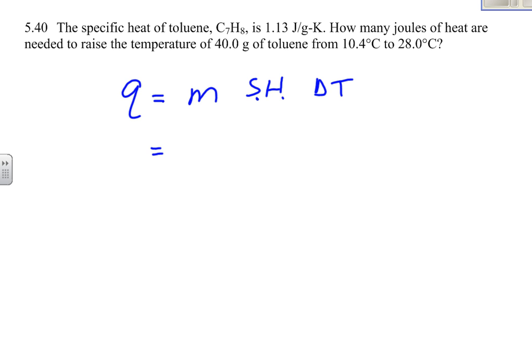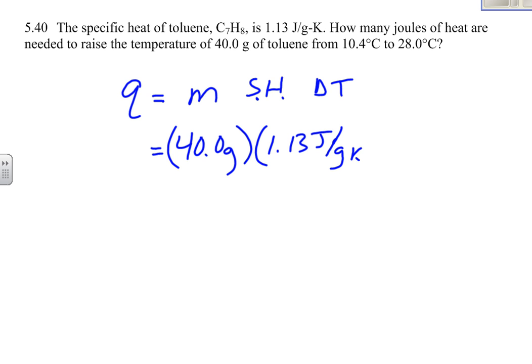The mass is given to us, 40.0 grams. The specific heat of toluene is 1.13 joules per gram degree Kelvin.